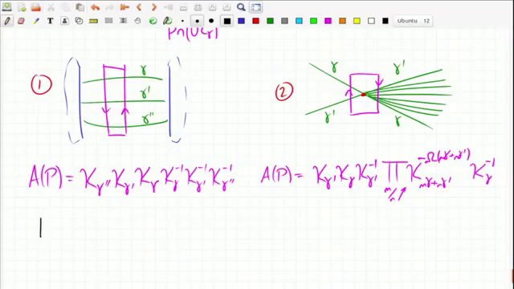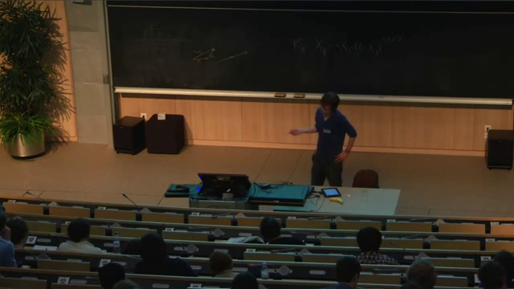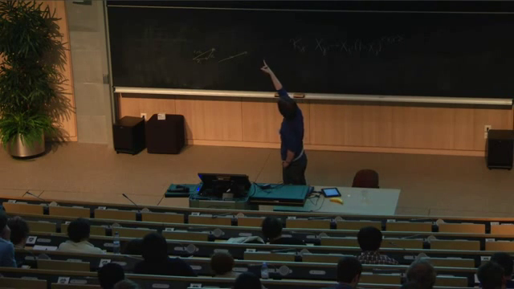What it says is that this gadget A of P that we defined, which a priori you get by some very complicated composition of all of these k gamma operators, that actually this A of P is just the identity for any contractible path P. So when you look at this, of course, on the right side, it's actually obvious, right?